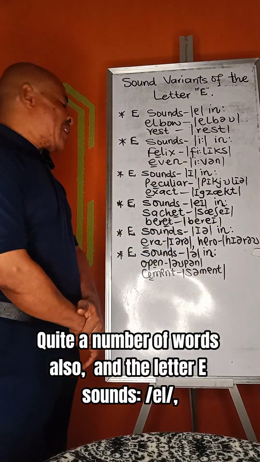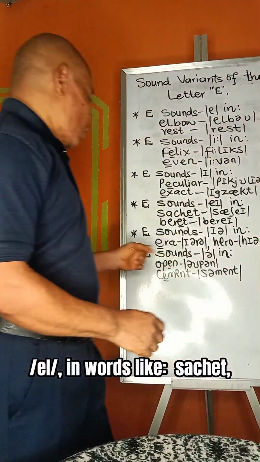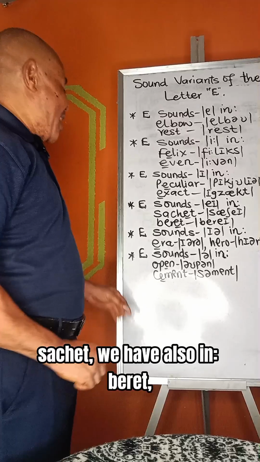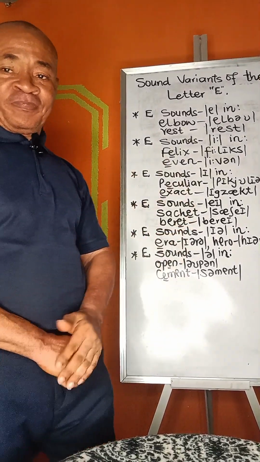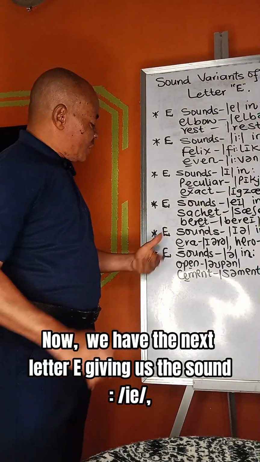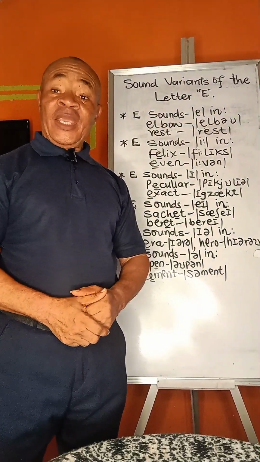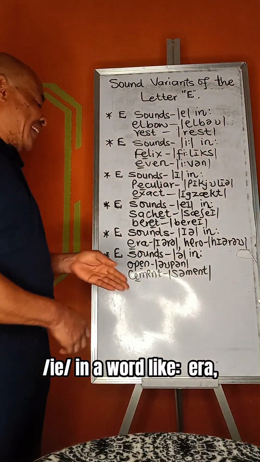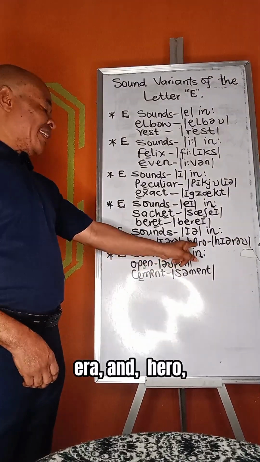Now the letter E sounds like A in words like sachet, and also in beret. Now we have the next letter E giving us the sound ear, in a word like era, and hero.